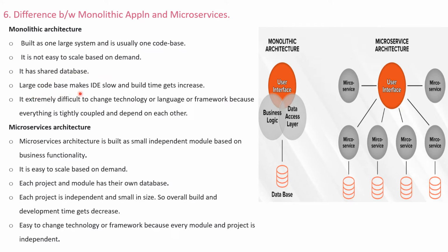A large code base makes the IDE slow and build time gets increased. Even for a single change, we have to build the whole application in the monolithic architecture, and it is extremely difficult to change technology, language or framework because everything is tightly coupled and depends on each other.